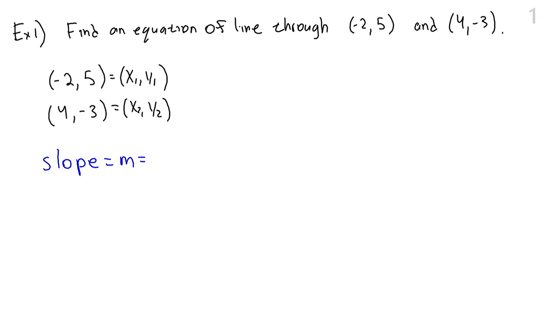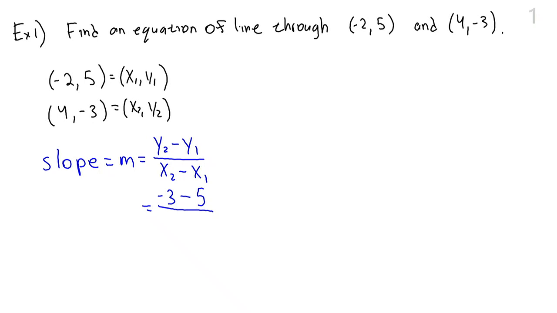Now we're going to compute the slope of our line. The slope is going to be y2 minus y1 divided by x2 minus x1. So in our case, y2 is -3 and y1 is 5. It does not matter which point you choose to be which.